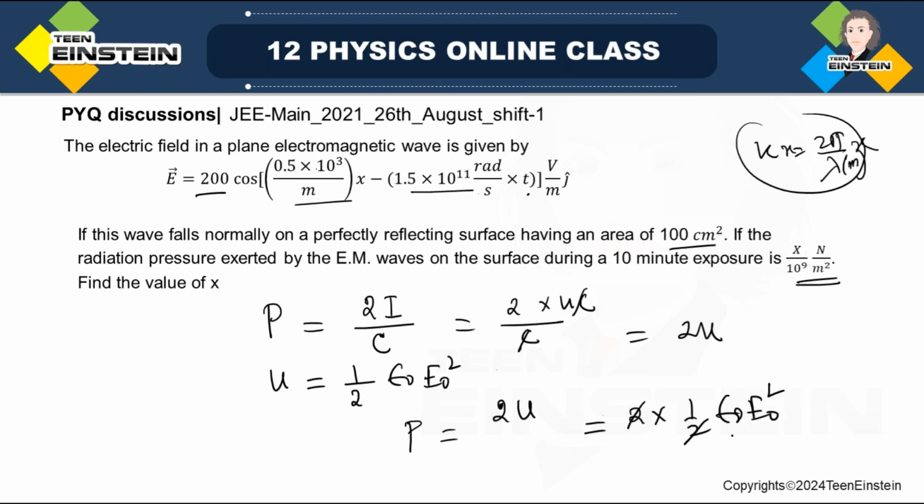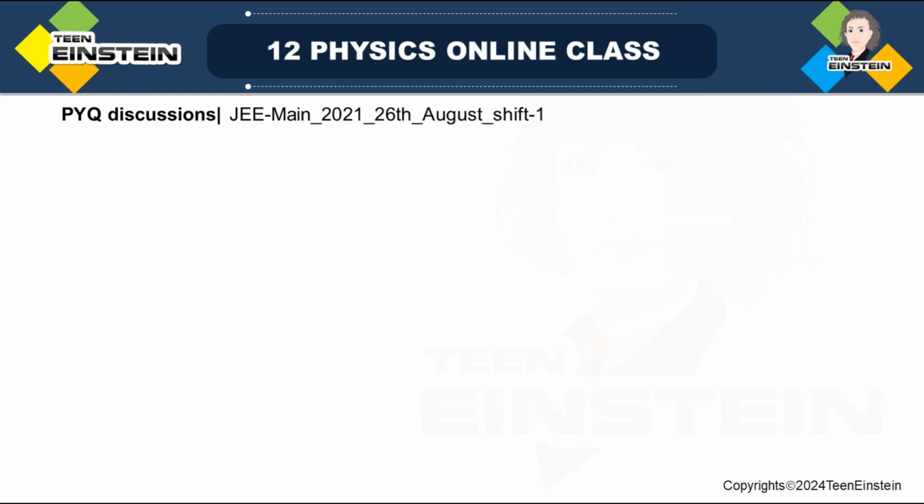Half and 2 cancel each other, so I have got epsilon naught E naught square. So radiation pressure will be given as just epsilon naught E naught square.